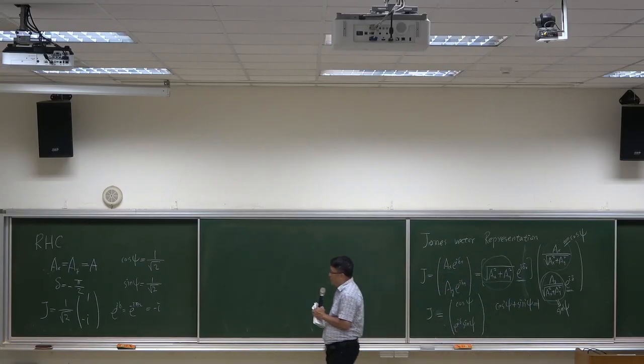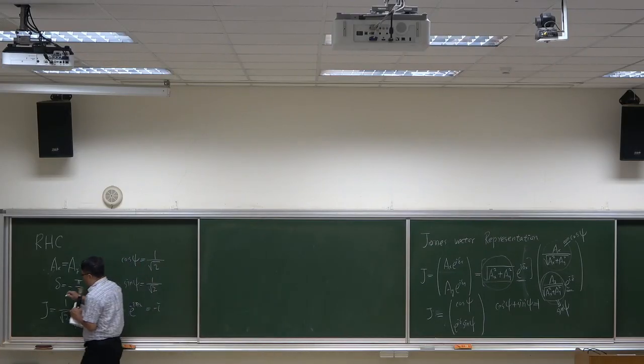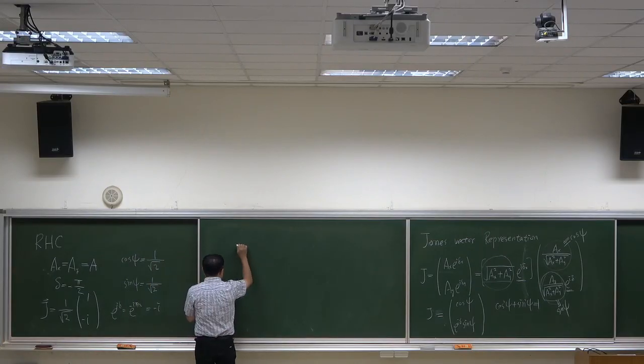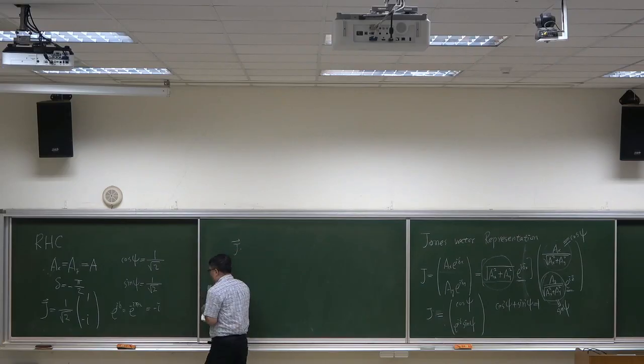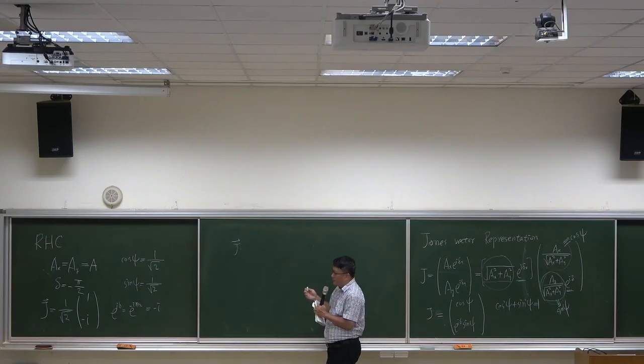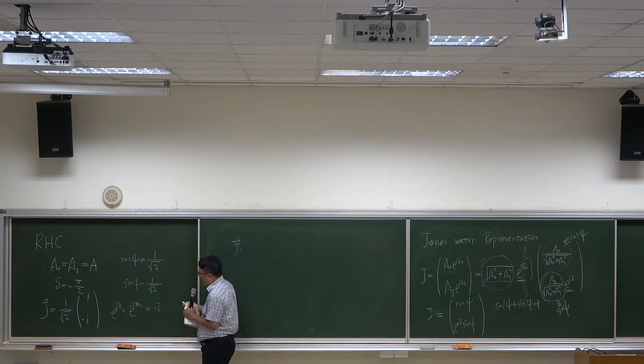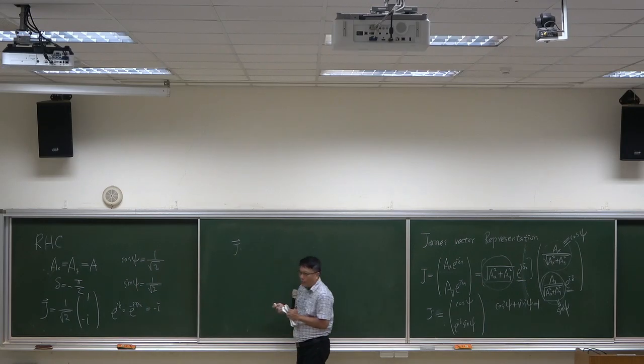So can we define the scalar product following the original rule for real vectors? Then we will get into trouble.